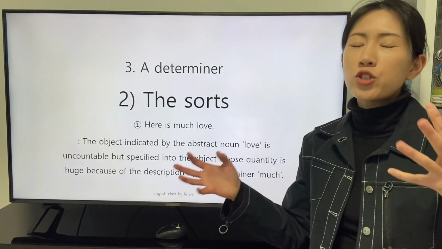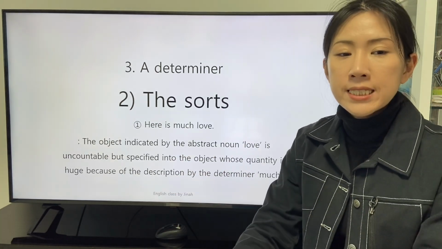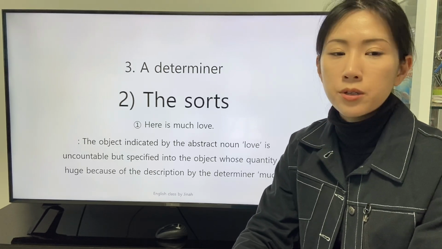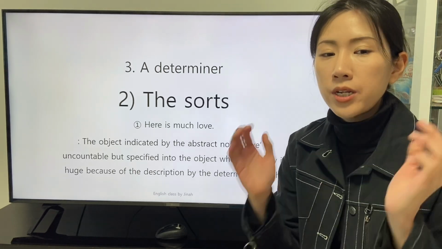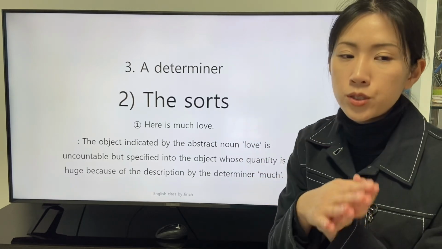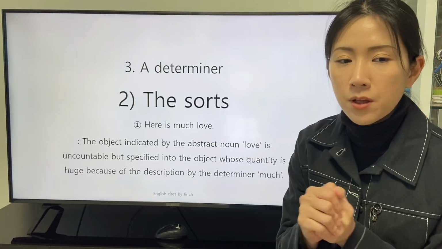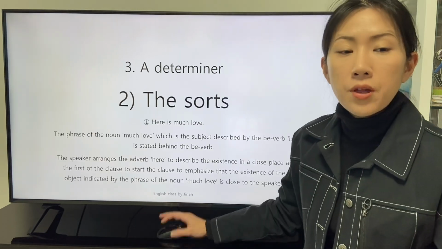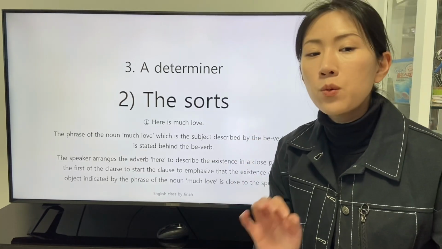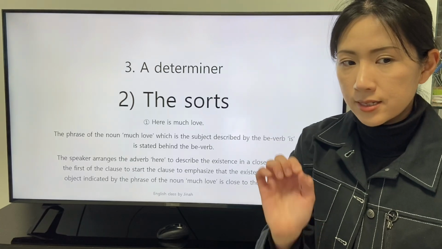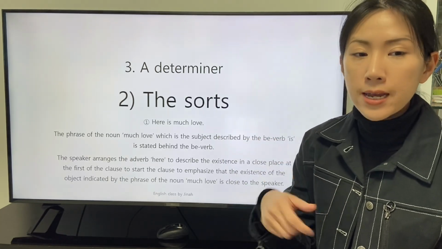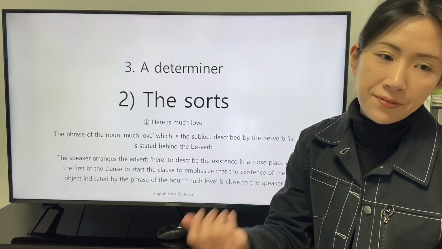Here is much love. The object indicated by the abstract noun love is uncountable but specified into the object whose quantity is huge because of the description by the determiner much. The phrase of the noun much love, which is the subject described by the be verb, is stated behind the be verb.